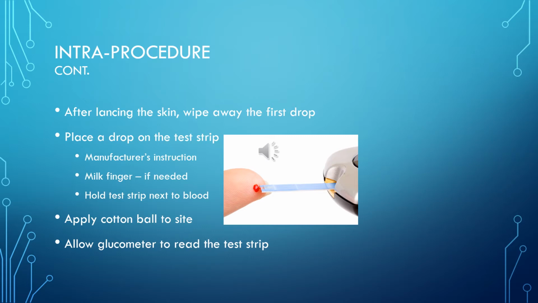Apply the cotton ball to the site and ask the patient to hold that for you until the bleeding is stopped. And then insert the test strip into the glucometer, again, following instructions, and allow the glucometer to read the test strip in order to get the results.